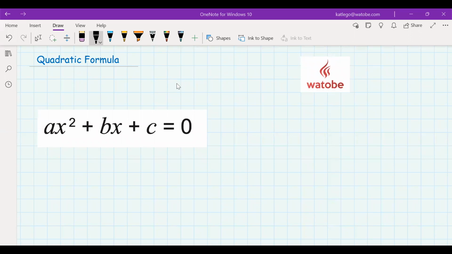Okay, so now we are completing our square with variables. So we have an ax squared plus bx. And just as we did in the previous sums, we get rid of our constant. All I did was take this c and move it over to the other side.